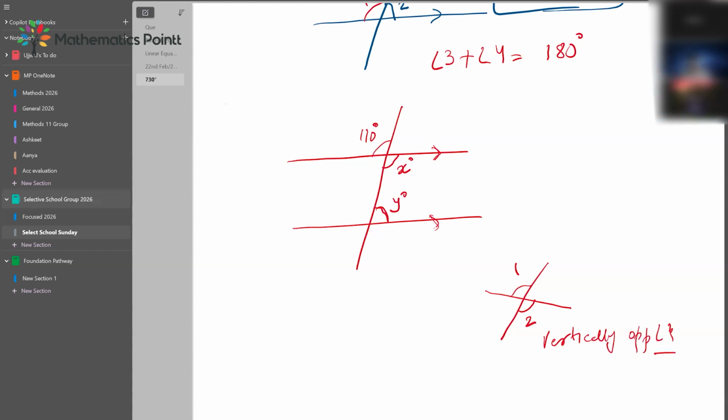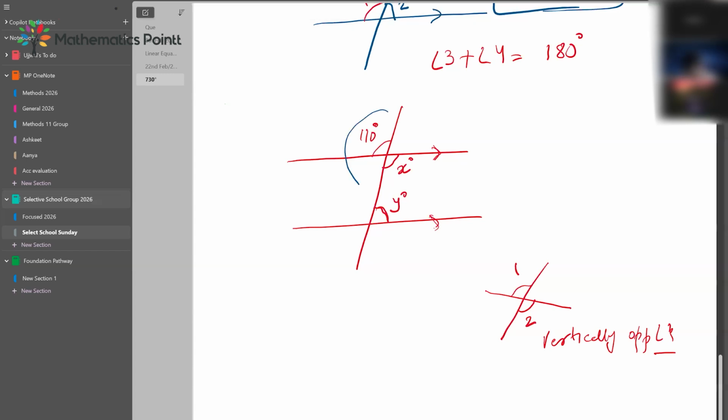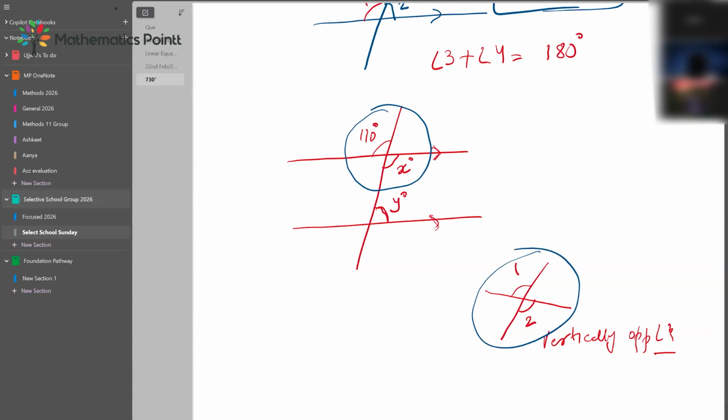If you look here, that's exactly the same scenario. X is in a vertically opposite relationship with 110 degrees. So X is 110 degrees. So now this is 110.